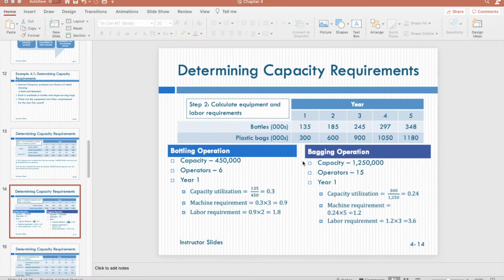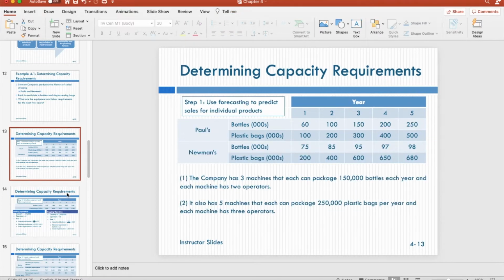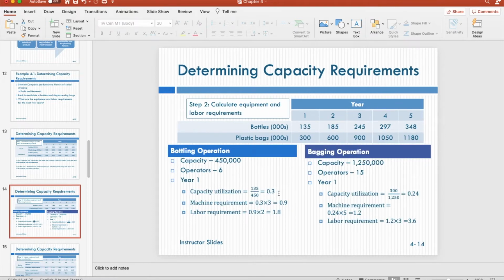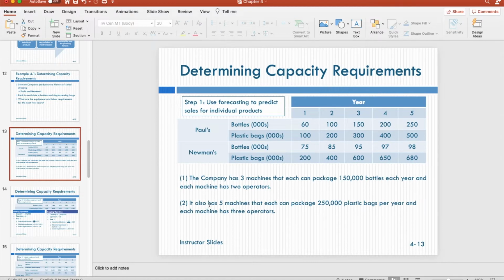Next, how many operators do we need for the bagging operations? Quite simple. We have 5 machines, and each machine has 3 operators.